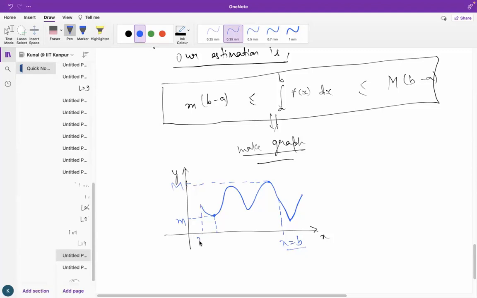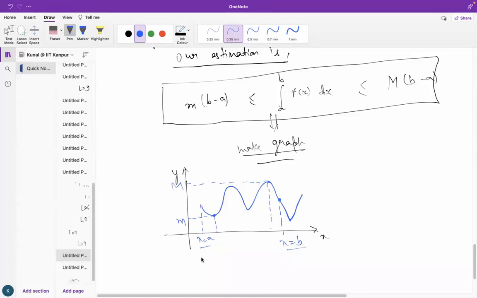Okay, so let's suppose this is x is equal to a, and there is x is equal to b. So in this region, from x equal to a to b, our function minimum value is at some x, which is small m. This is the minimum value of the function because everything else is bigger than it. And the function max value is at some x, whose value is capital M.